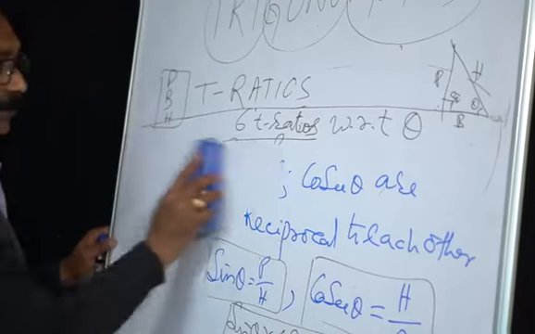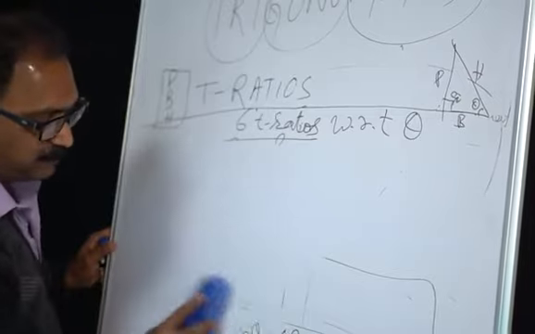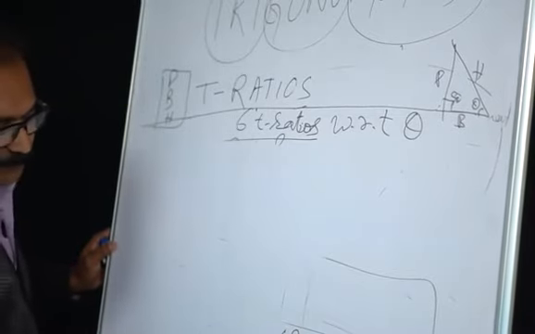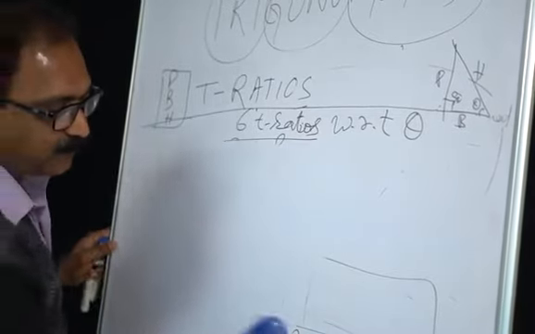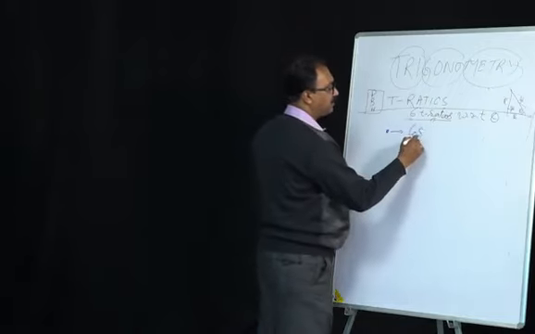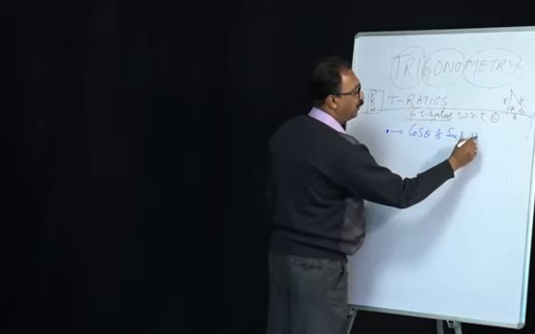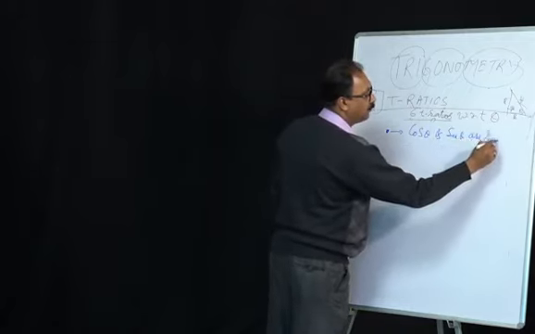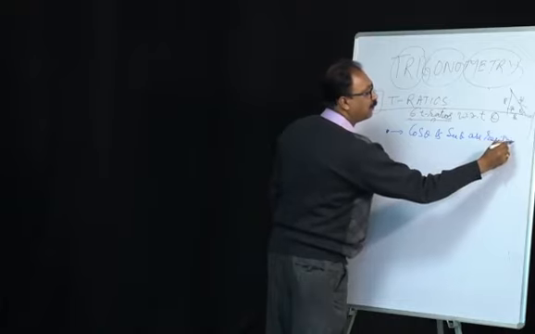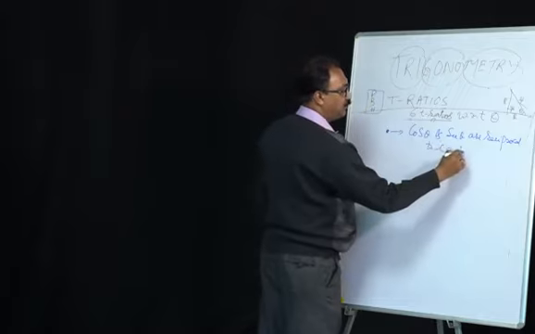Okay. Now we come to another reciprocal. The second bullet point is: cos theta and sec theta are reciprocal to each other.